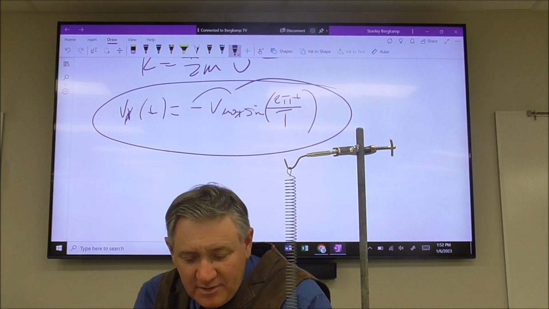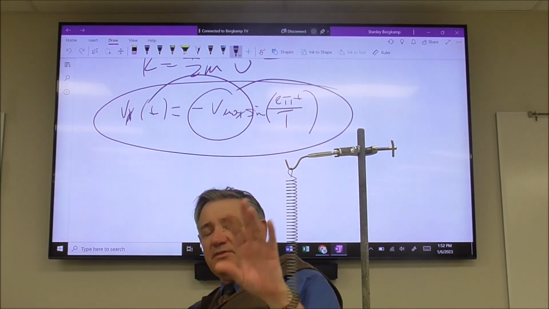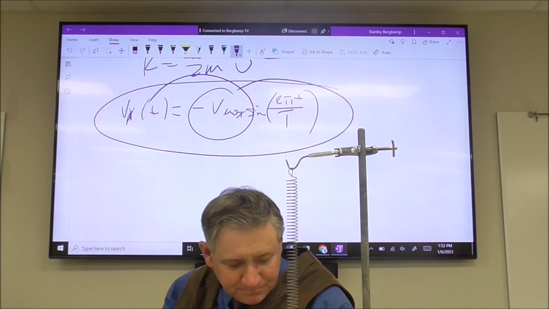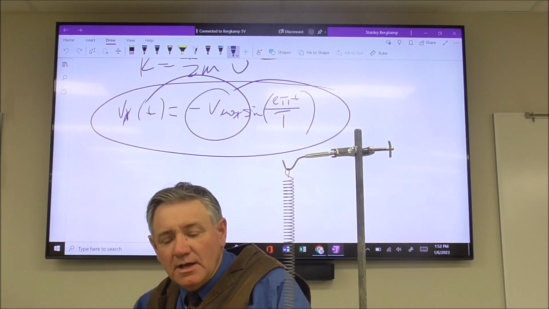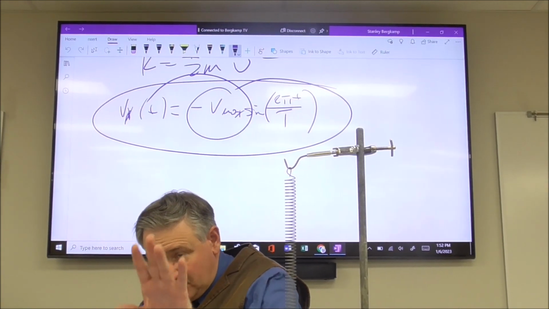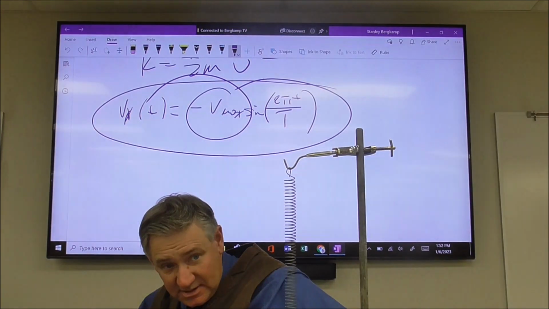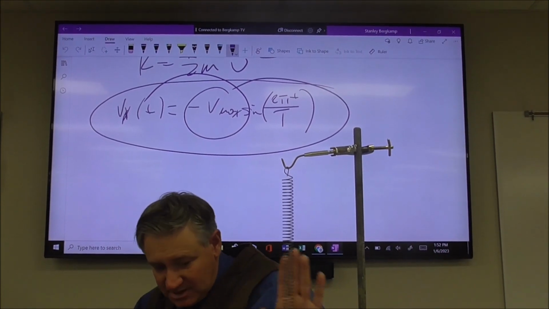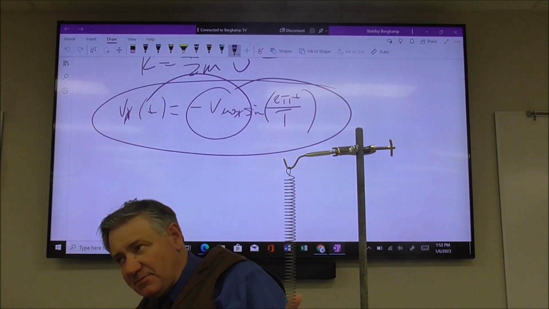So you have your V max, okay? And there's a reason that there was a negative sign in front of that because it's going to make everything work out. So you're going to use your V max, whatever you had from the previous page. That's going to be different depending on what you have. Everybody's going to be a little bit different. But again, it's going to be something around 0.3.